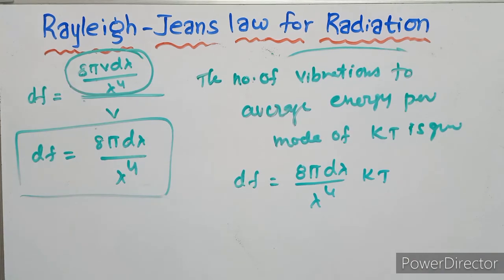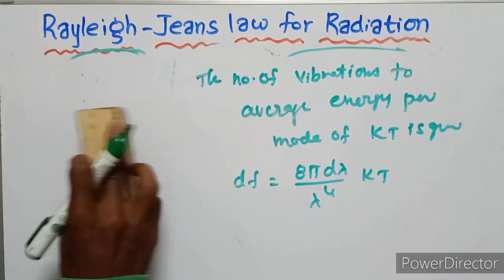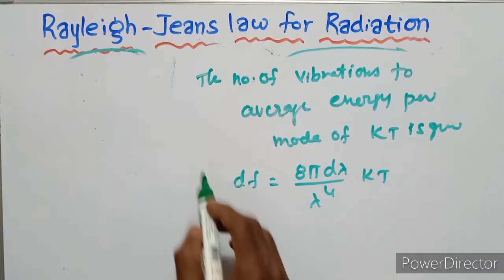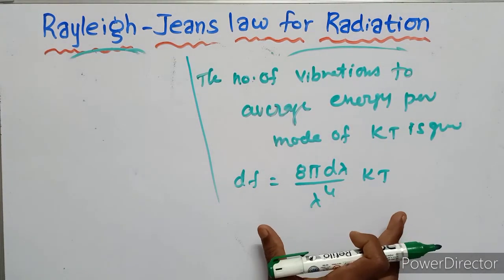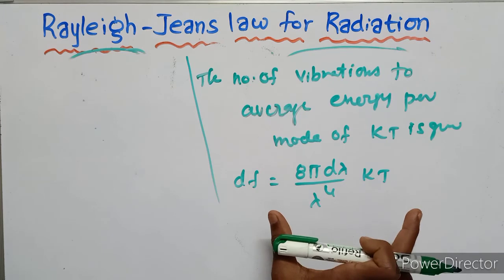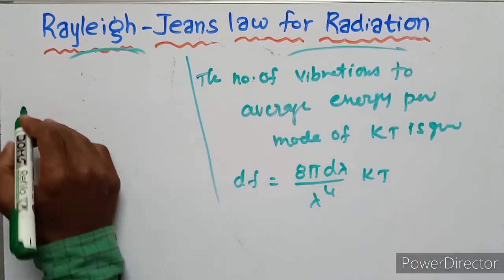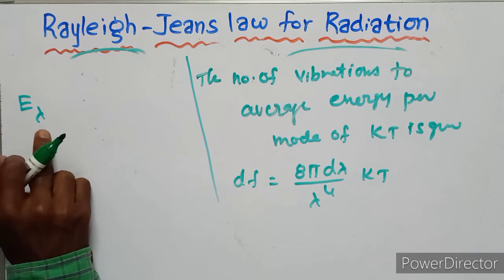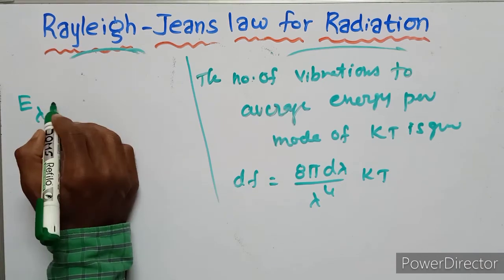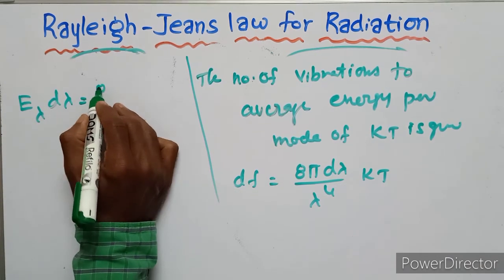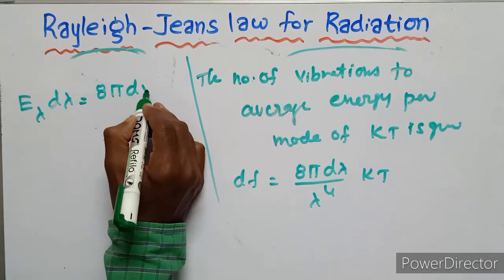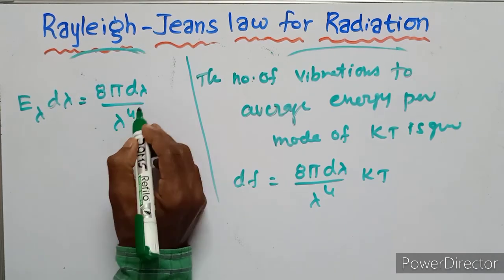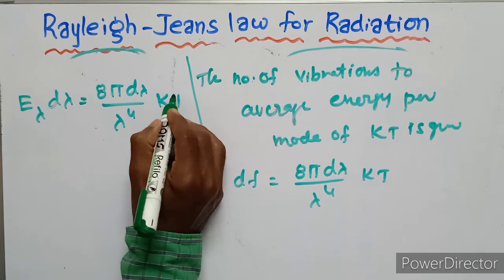Then we have to derive the average energy density of radiation. The energy associated with wavelength d lambda is equal to 8 pi d lambda upon lambda to the power of 4 kT.